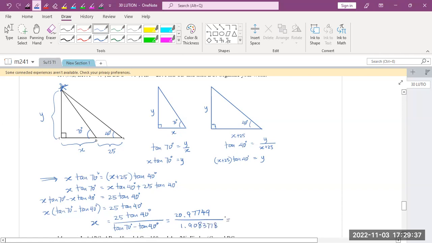Dividing by that number, I get 10.99232. That's the X, which is our CD.